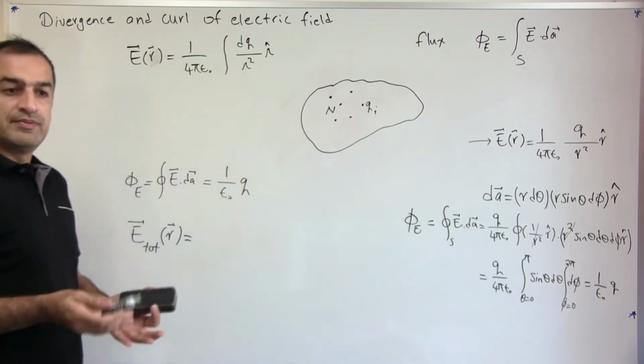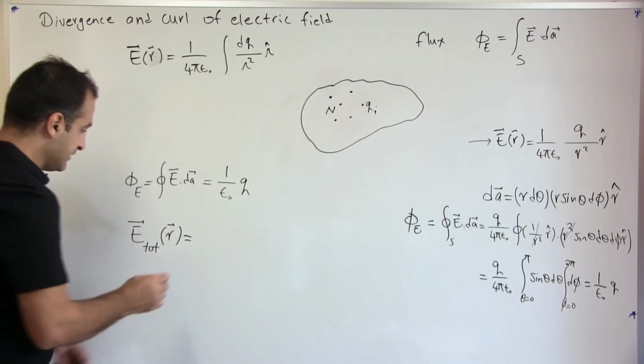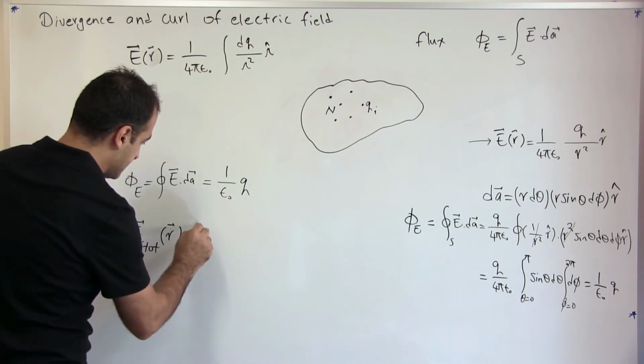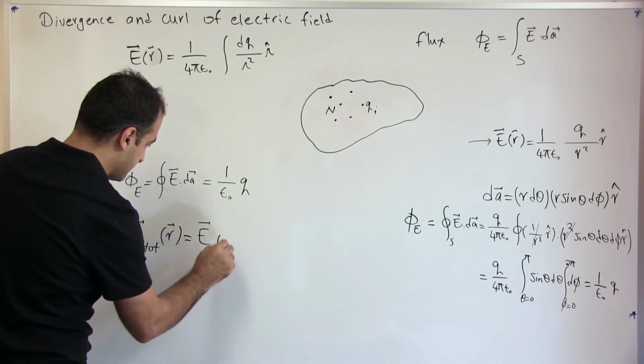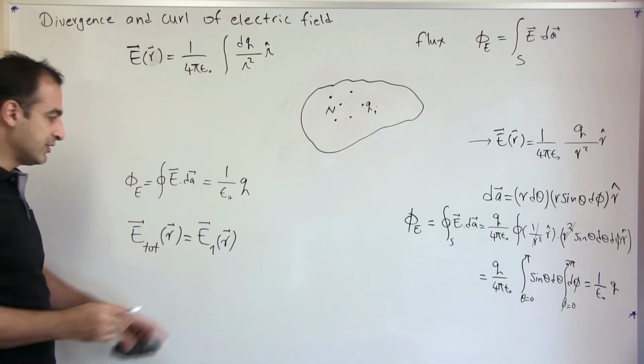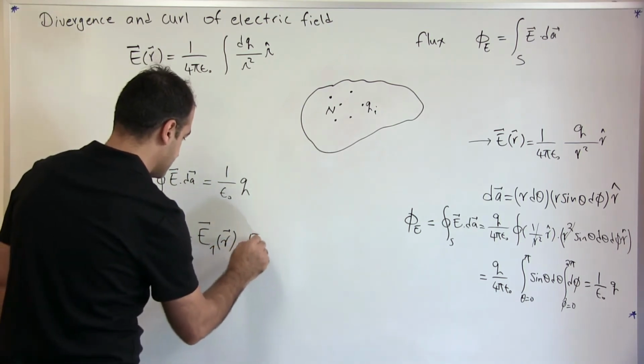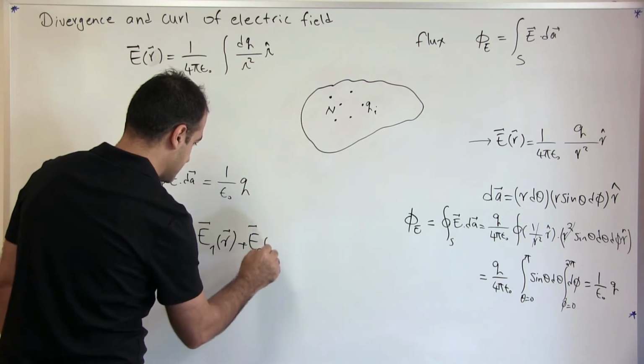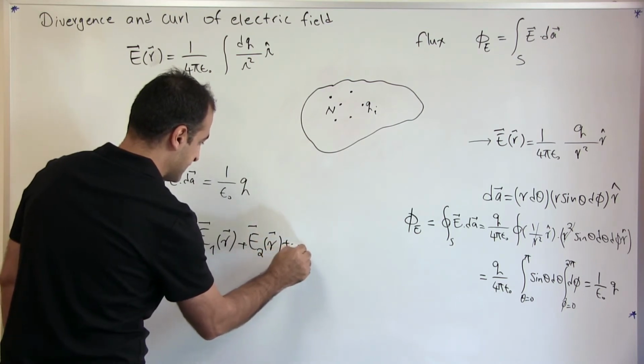If we follow the superposition principle, this E total is in fact E1 at position R, which is the electric field created by charge number 1, plus the electric field created by charge number 2, and so on.